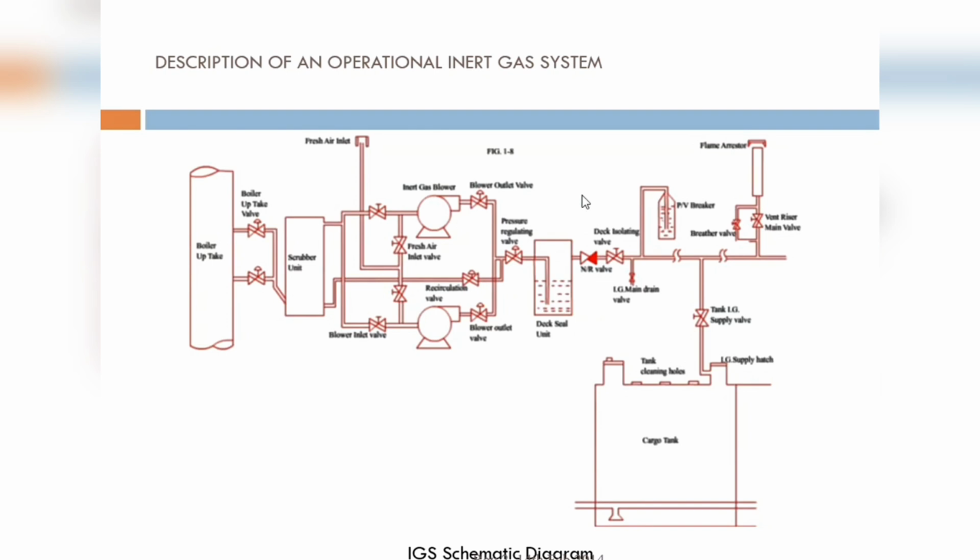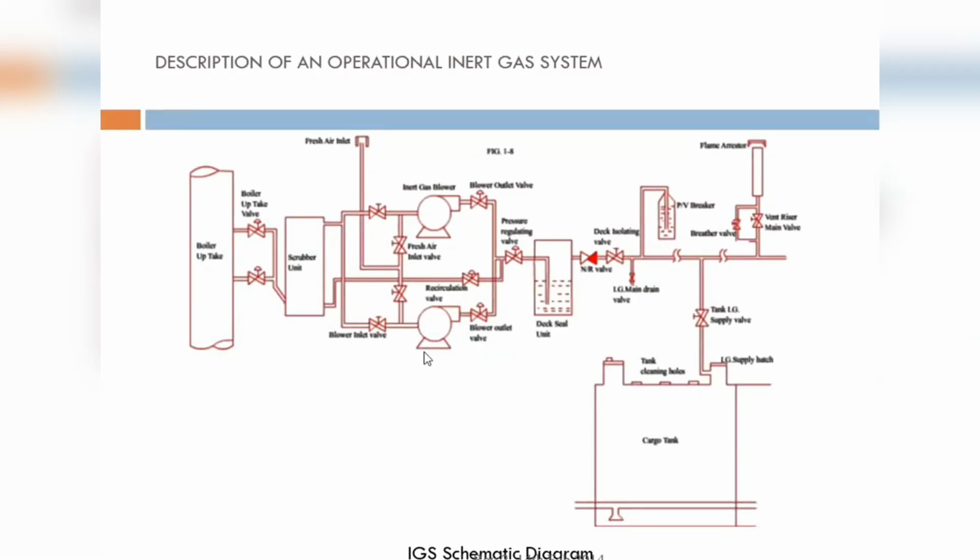So according to the set pressure, this regulating valve opens and shuts so that the pressure can be maintained in the cargo tank. Another safety device. So that's how it works, and there are two blowers, inert gas blower 1 and inert gas blower 2.